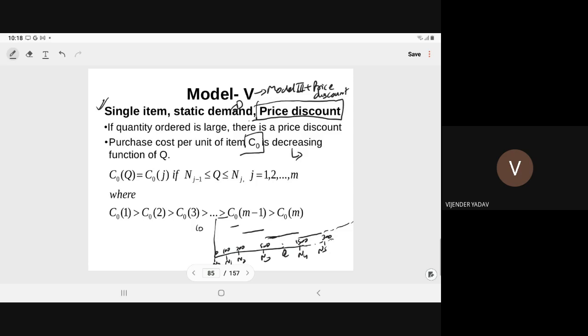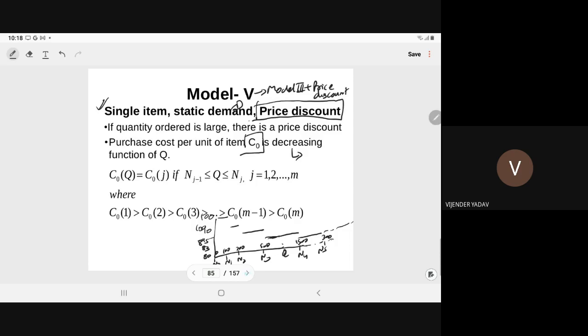Let the unit price be 100, here 90, here 85, here 83, and here 80. Means we have some limit, after which you cannot reduce the unit cost. In this way we have the price discount.